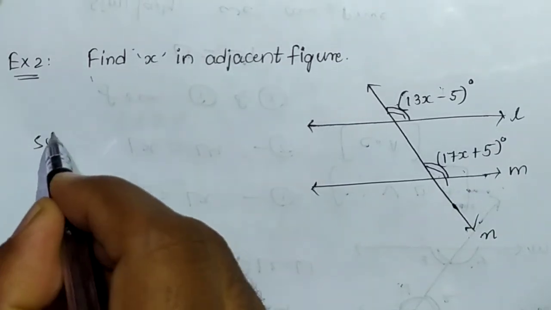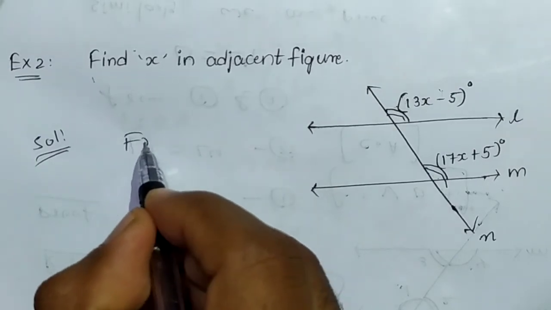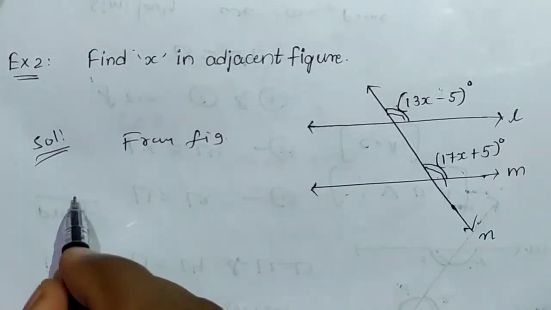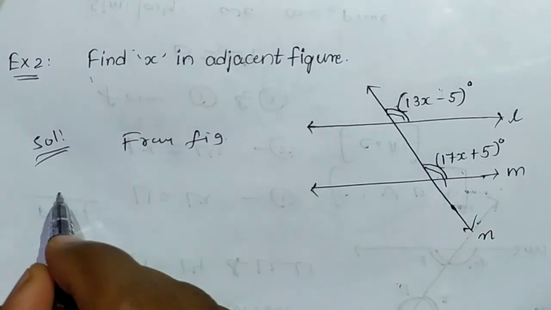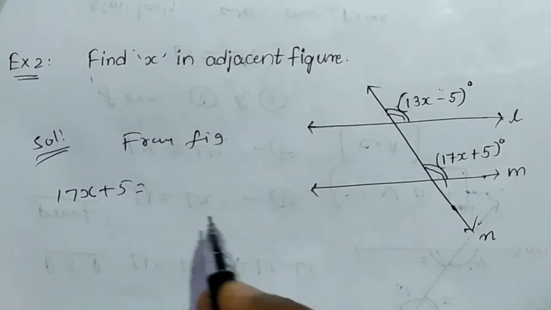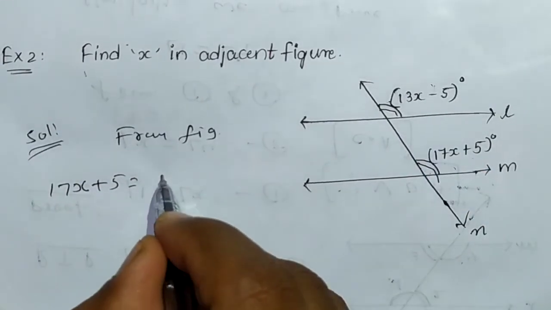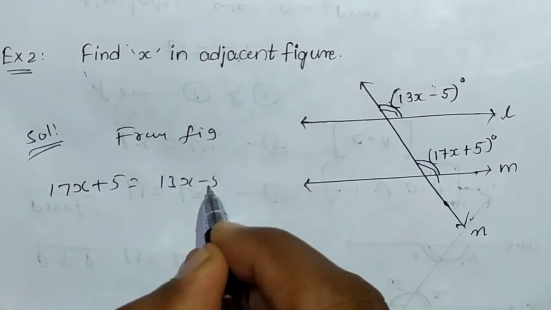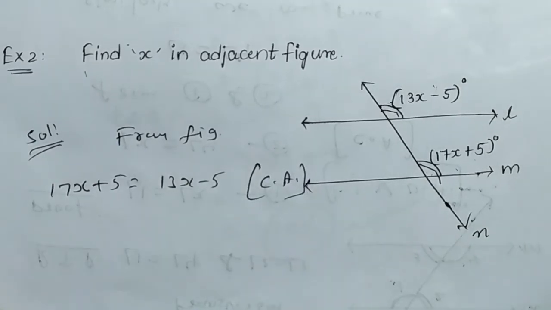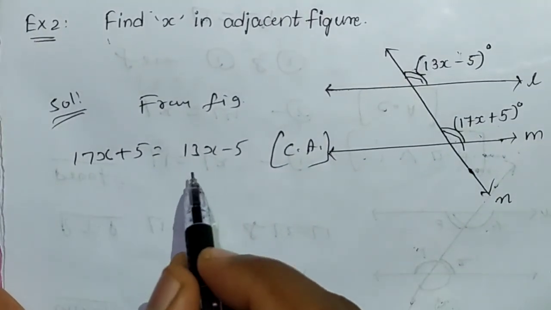So solution. From the figure, corresponding angles are equal. Means 17x plus 5 is equal to 13x minus 5. The cause is corresponding angles, right? So by solving this we get the x value.